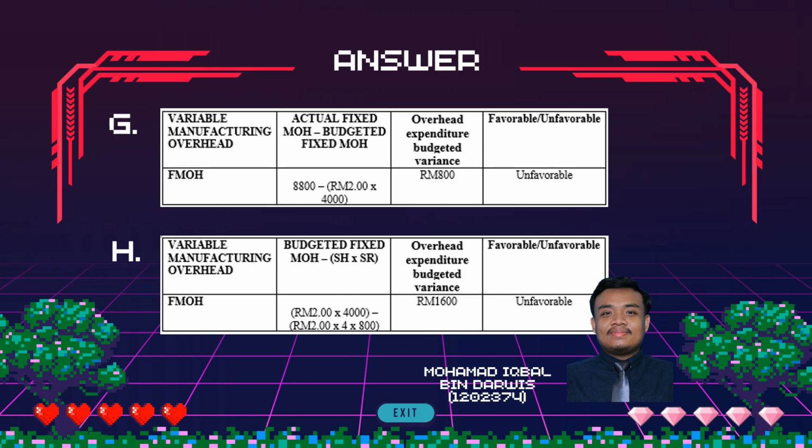For the answer of H, we can see that 2 ringgit multiplied by 4,000 minus 2 ringgit multiplied by 4 multiplied by 800. The overhead volume variance is 1,600, which is unfavorable.